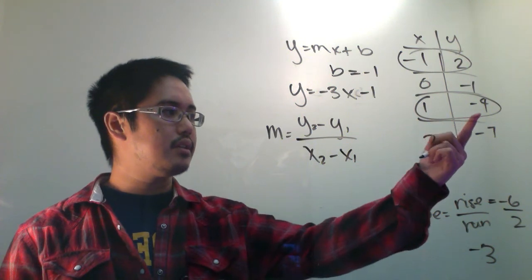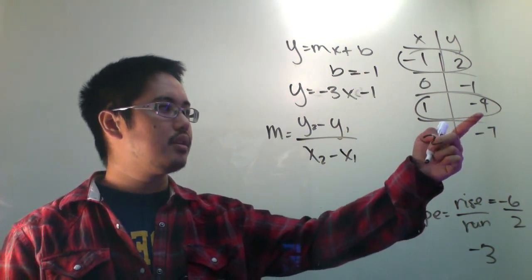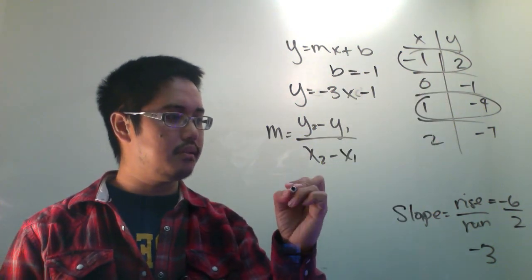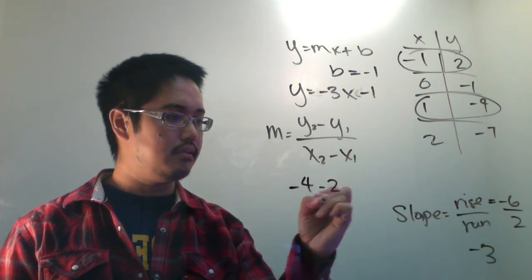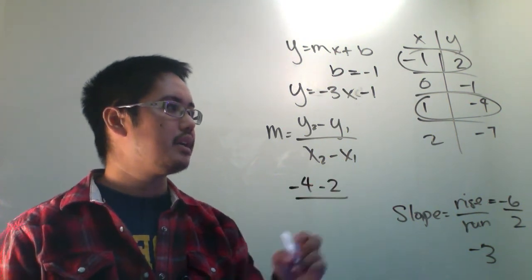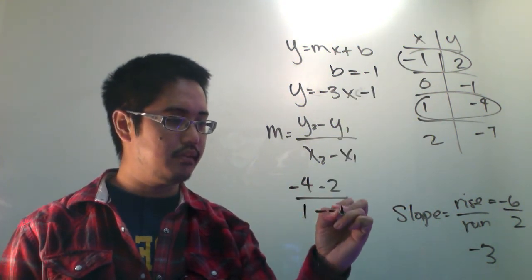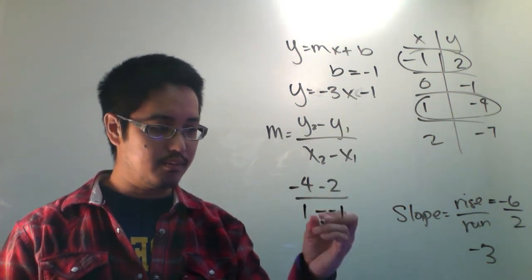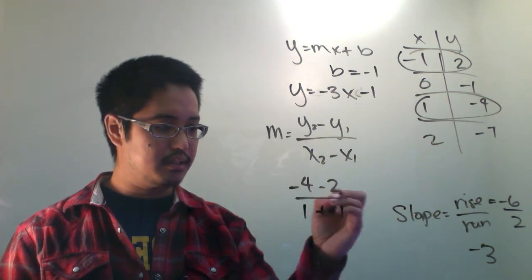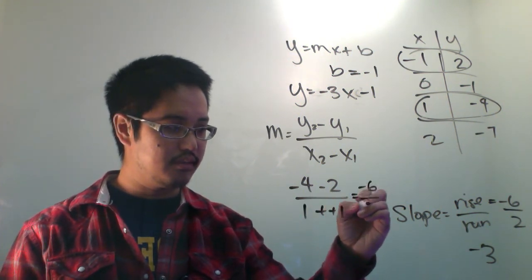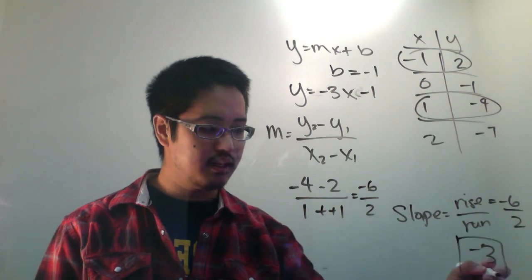We plug those in: y2 is negative 4, y1 is 2, so that would be negative 4 minus 2, divided by 1 minus negative 1. So that's 1 plus 1. And this is negative 6 over 2. Hey, that's the same answer, negative 3.